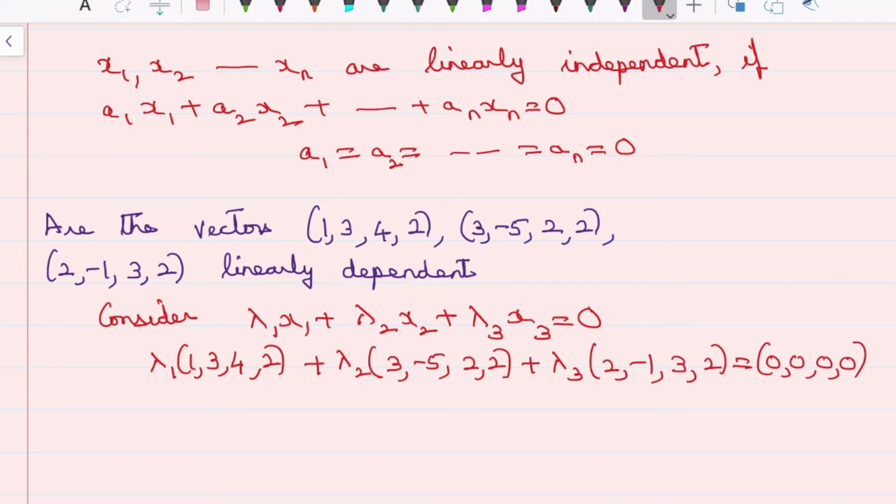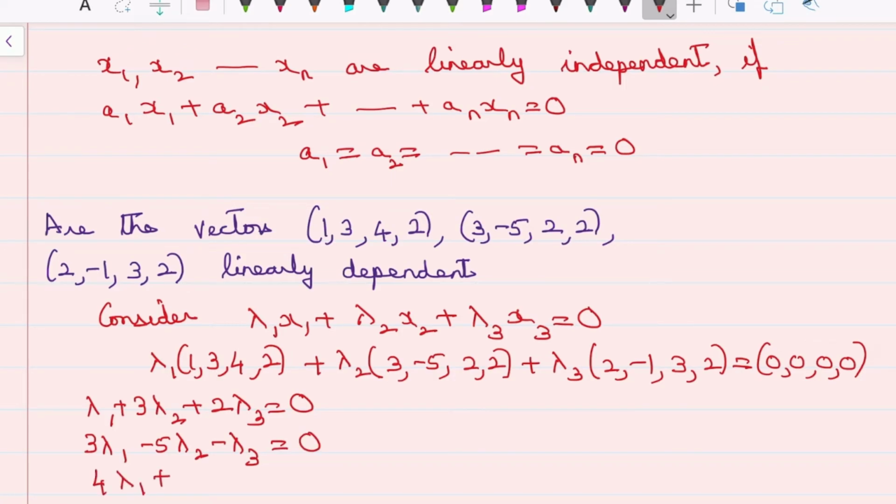So equating the coefficients of x, y, z, w, you get lambda 1 plus 3 lambda 2 plus 2 lambda 3 equal to 0. Then I have 3 lambda 1 minus 5 lambda 2 minus lambda 3 equal to 0. 4 lambda 1 plus 2 lambda 2 plus 3 lambda 3 equal to 0. And 2 lambda 1 plus 2 lambda 2 plus 2 lambda 3 equal to 0.